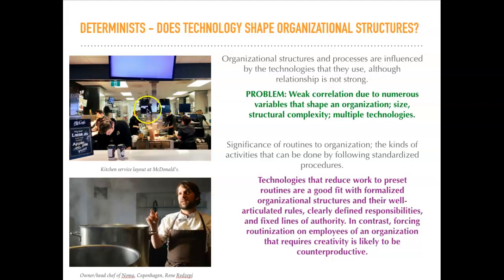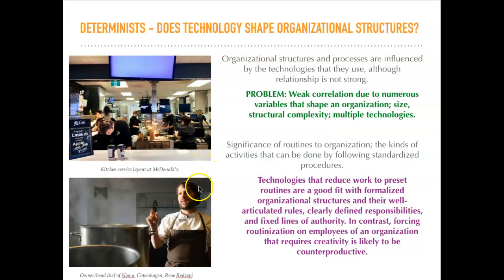And you can see how the technology and even the invention of the fast food assembly line has created the technology that then shapes how this workplace is organized and structured.